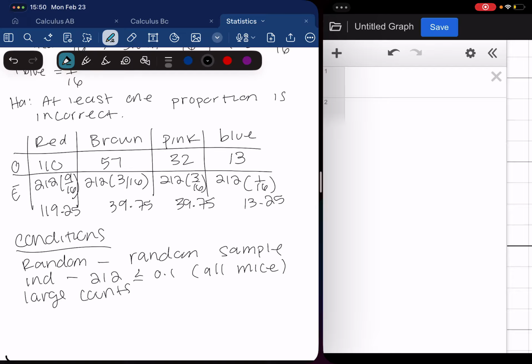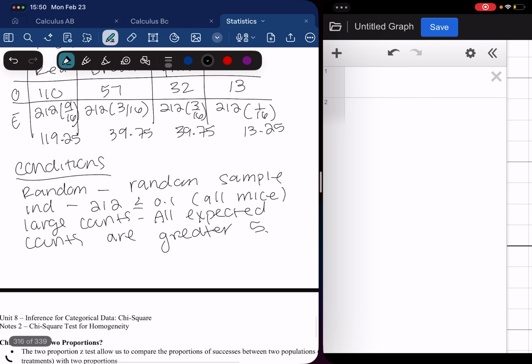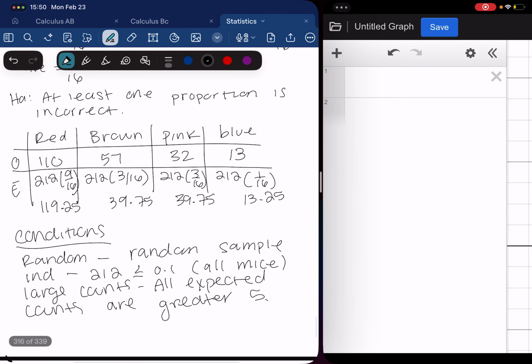Which means we have convincing evidence that the geneticist model is not accurate.